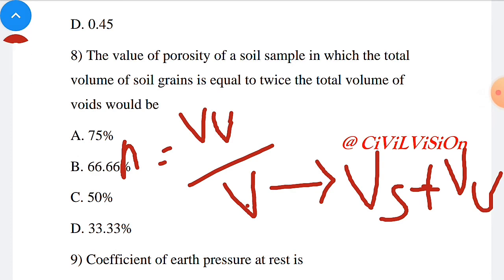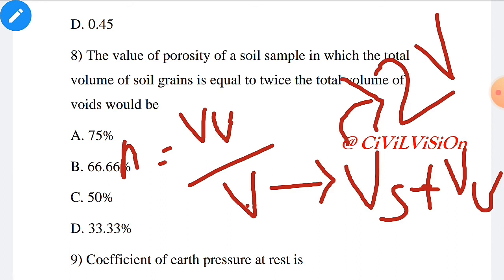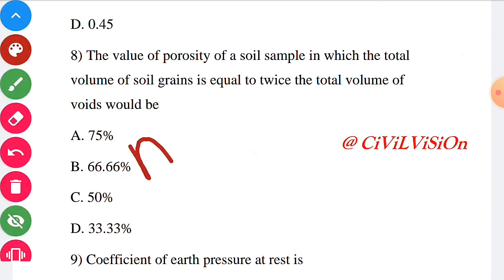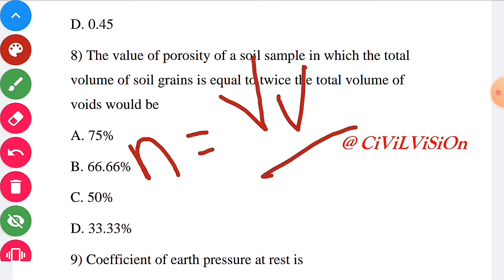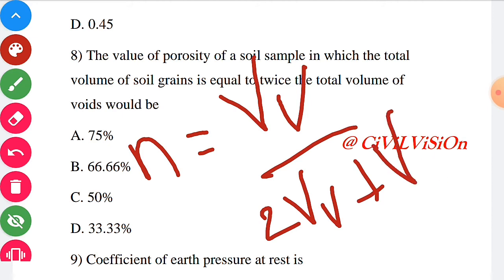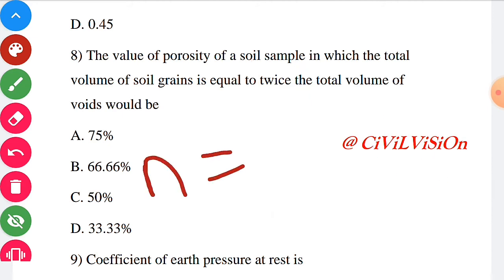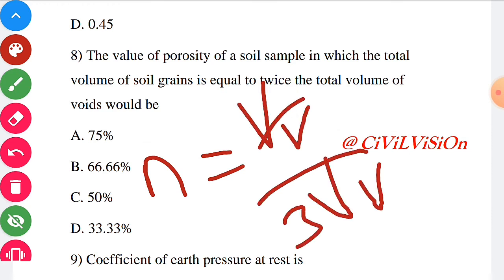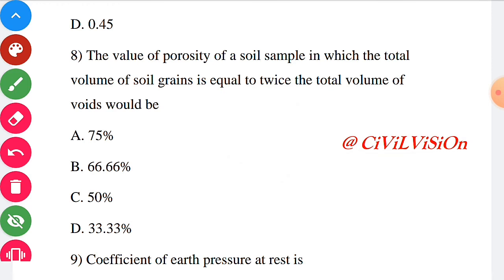In the given condition, volume of solids, or volume of soil grains, equals twice the volume of voids. Therefore, porosity N equals volume of voids divided by 2 times the volume of voids plus volume of voids. Finally resolving that, N equals volume of voids divided by 3 times the volume of voids. These two get cancelled. Therefore 1 by 3. 1 by 3 is written as 33.33%. Option D.